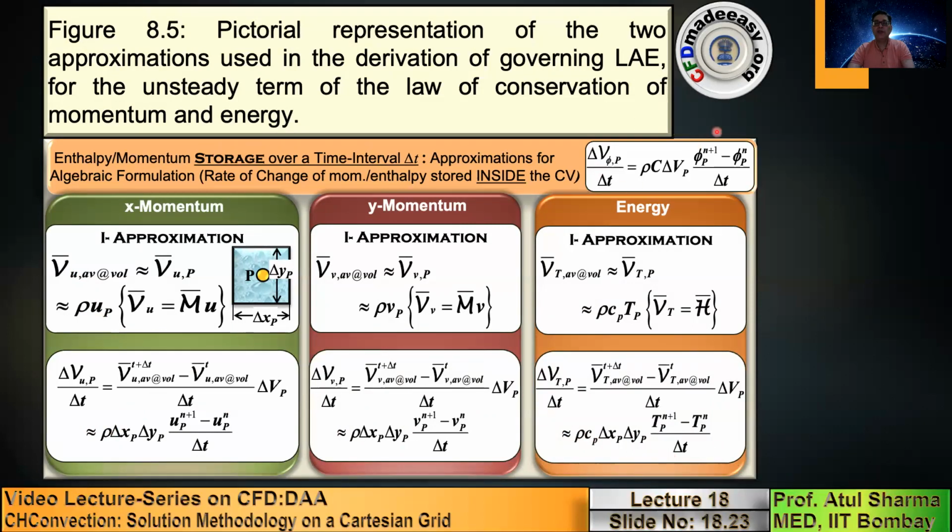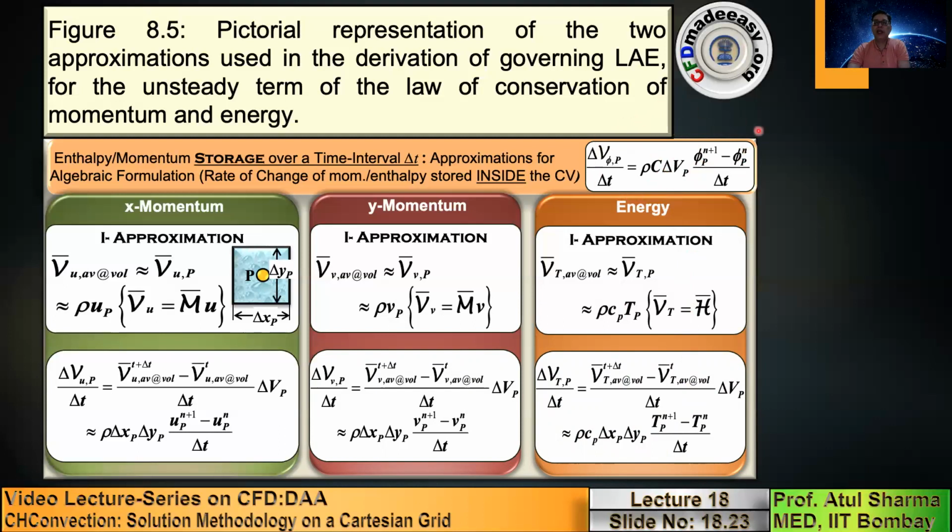This is a generic representation. You can write a general subroutine where C is equal to 1 for the momentum equation and Cp for the energy equation, and phi is U for x momentum, V for y momentum, and T for the energy equation.